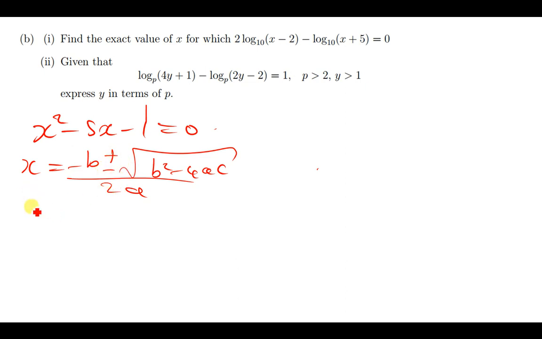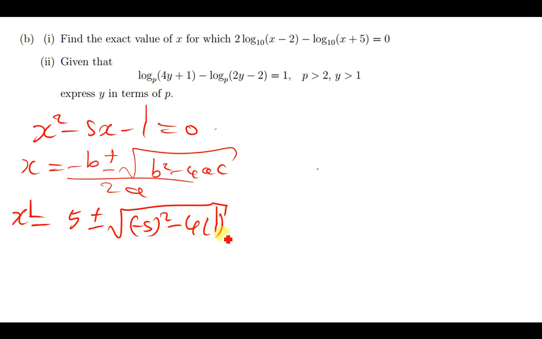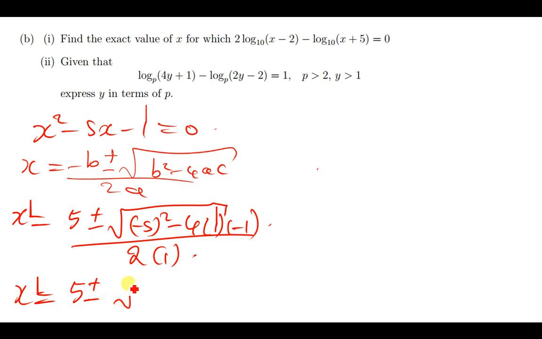So the value of x will be equal to negative b, which is just 5, plus or minus, because the negatives cancel, the square root of negative 5 squared, minus 4 times a, which is 1, times c, which is negative 1, then everything divided by 2a. So x becomes 5 plus or minus the square root of 25, and the two negatives add, so 25 plus 4, then everything divided by 2.